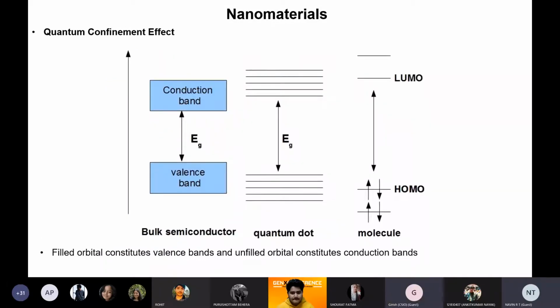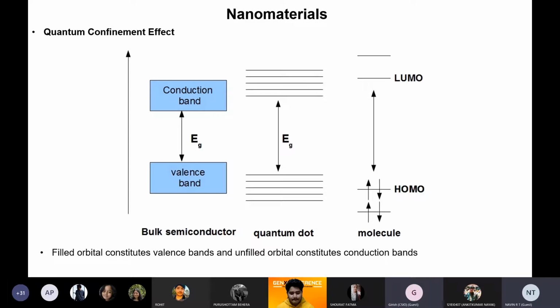The other effect that I was talking about was the quantum confinement effect. As I've previously told you, I'm not from a physics background, so for the detailed quantum physics of this, you can refer to other books as well. But in general, let's say we have a molecule, and these molecules are made up by combining atoms. These atoms have some half-filled orbitals, empty orbitals, or filled orbitals.